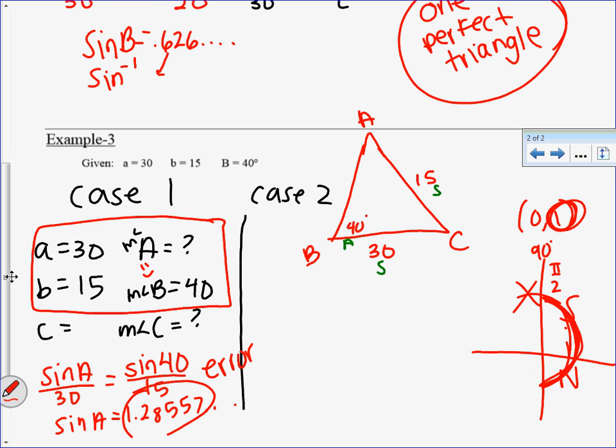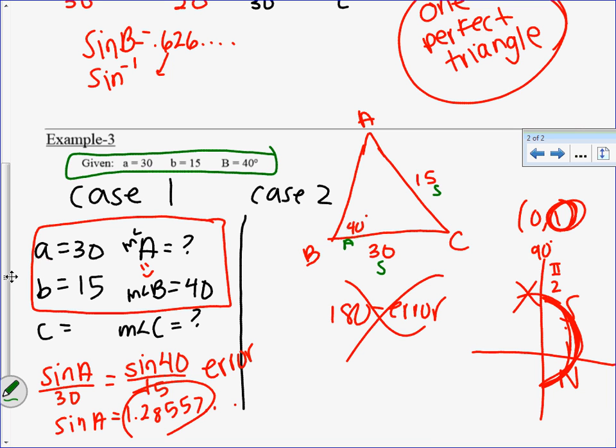No. So if this is bigger than 1, you know that that's going to be error. Guys, if you got error for case 1, are you really going to do 180 minus error for case 2? No. Okay, so this means for this case right here in example 3, there are no triangles that exist. And that is everything that can happen with the ambiguous case.